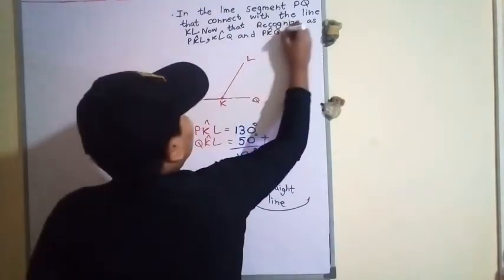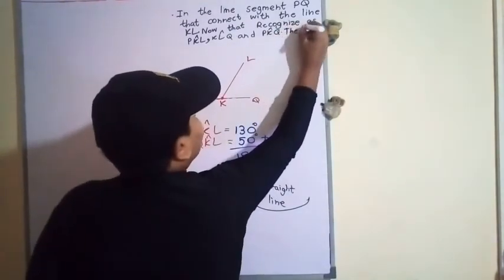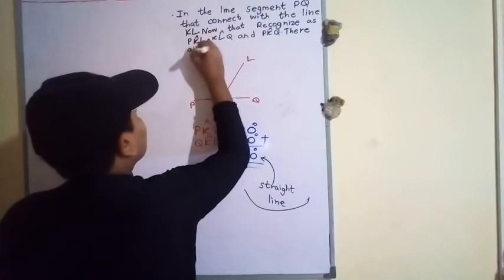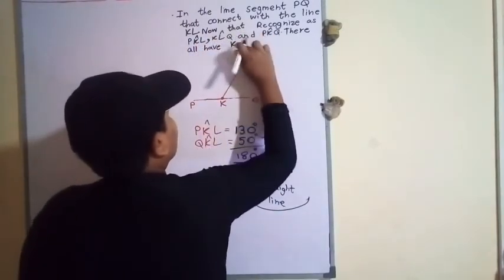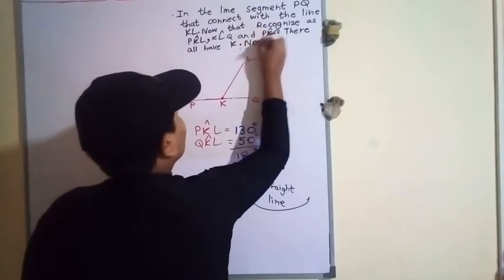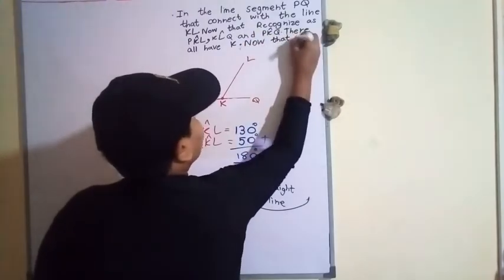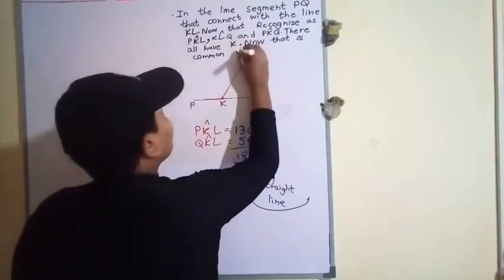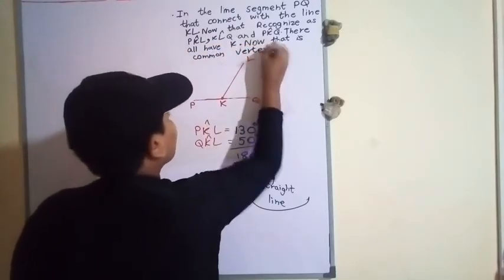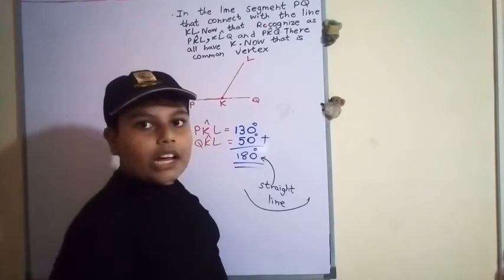They all have K. Now that is the common vertex. Right?